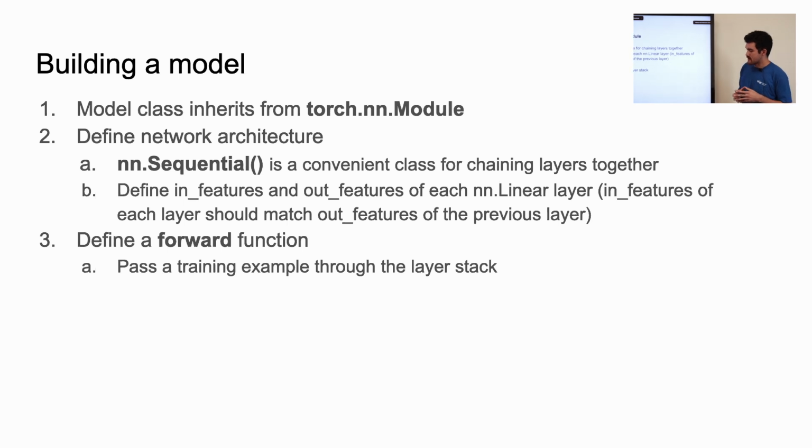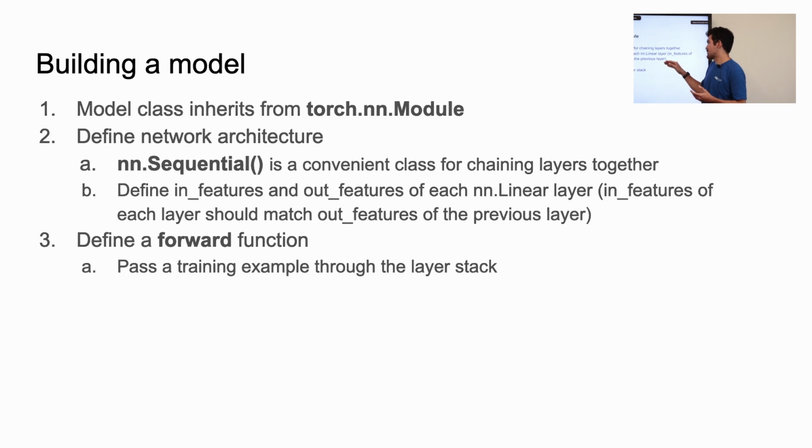And you can define your network architecture. I think using nn.Sequential is the nicest way for chaining layers together, but it's not absolutely necessary. But as you can see in the example, it's pretty convenient for defining your forward function.